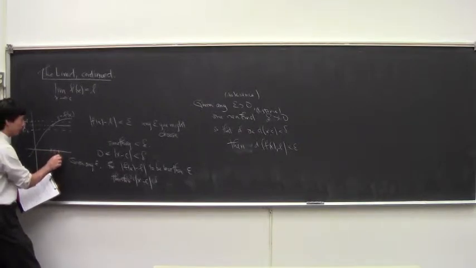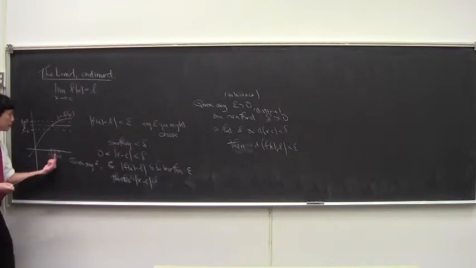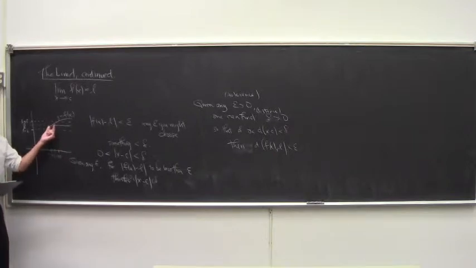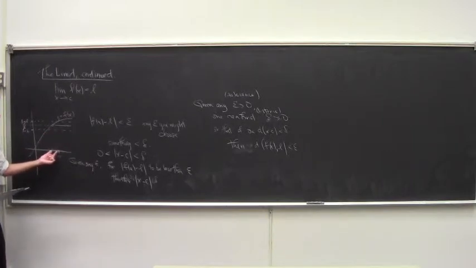So there's an interval centered around c in which all the outputs lie within those bars. We can find a place around c where those bars are satisfied.